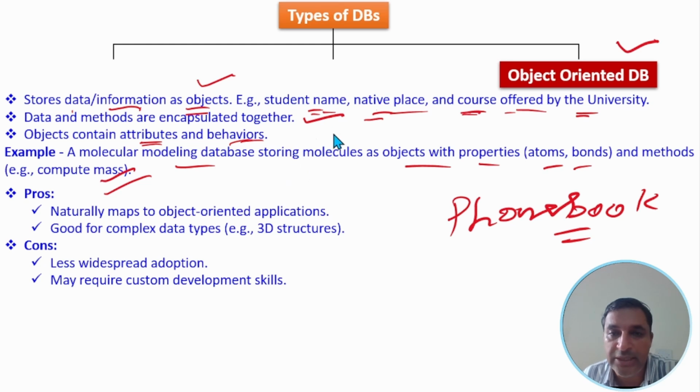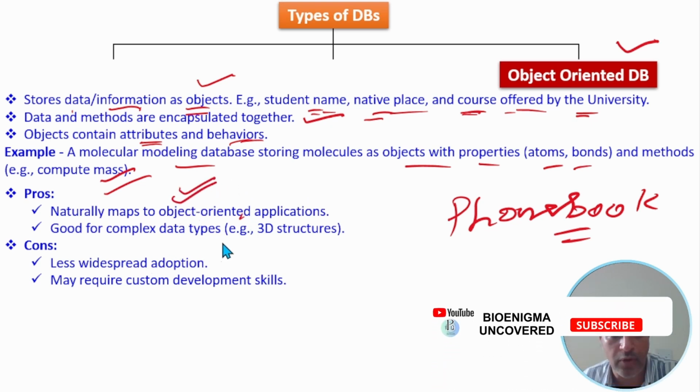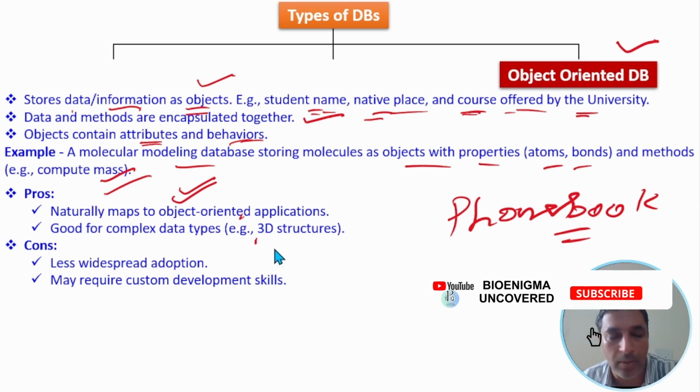Since object-oriented databases have only a certain kind of information, they are meant to perform only specific types of applications. They are naturally mapped to applications which are oriented around a specific object. So they are good for complex data types such as 3D structures.